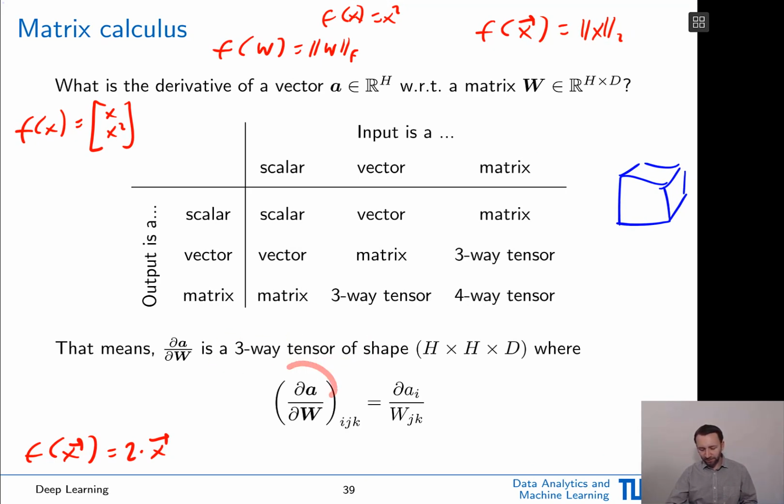So this term has 3 indices, i, j, k, where i relates to the input, a_i is the specific component, and j, k are the specific components of w. Sorry, not input, for the output, because a is the output.